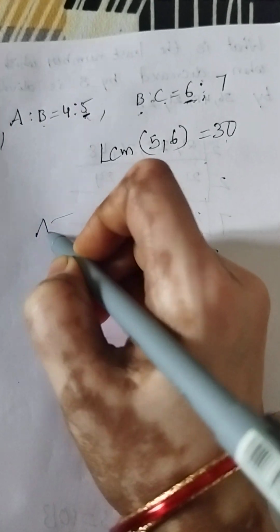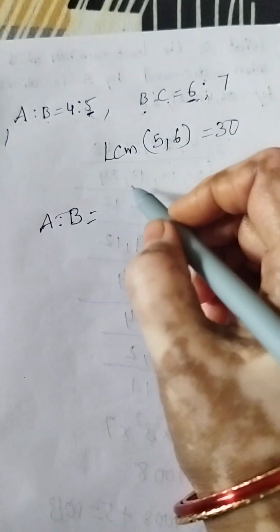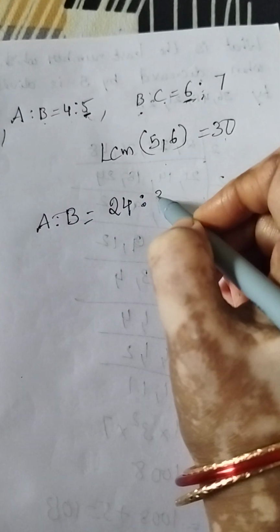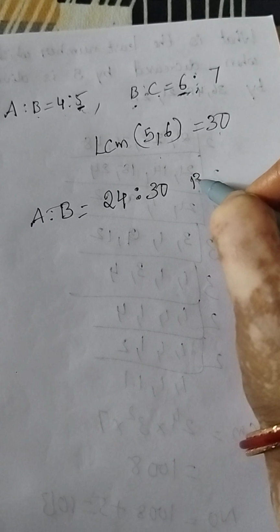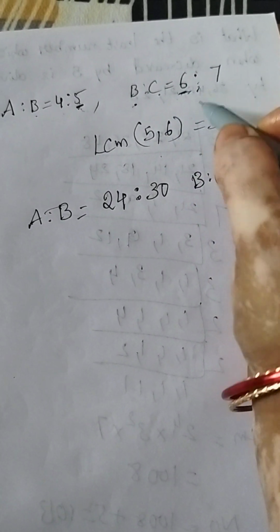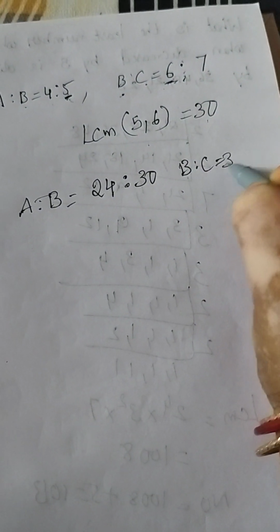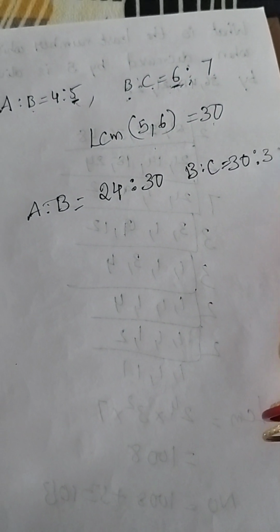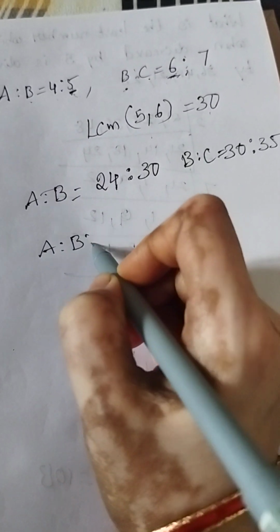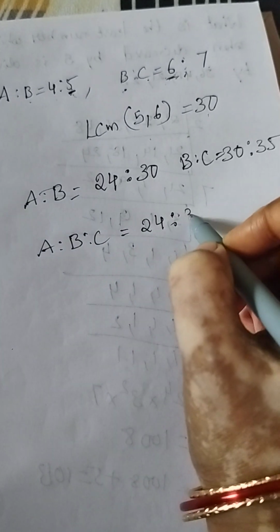So A is to B, with 6 I am multiplying, so 24 is to 30. Next, B is to C, with 5 I should multiply. So 30 is to 35. So the continued ratio of A is to B is to C is 24 is to 30 is to 35.